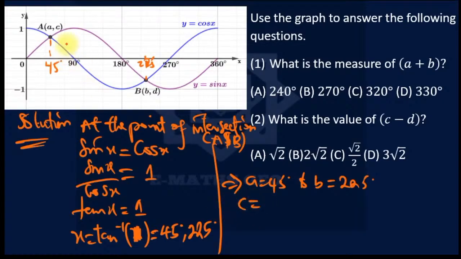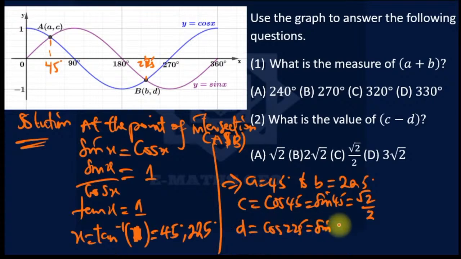C is the y value, which is cos 45 or sine 45. So it will give us root 2 over 2. YD is also cos 225 or sine 225. So both of them will give us minus root 2 over 2.